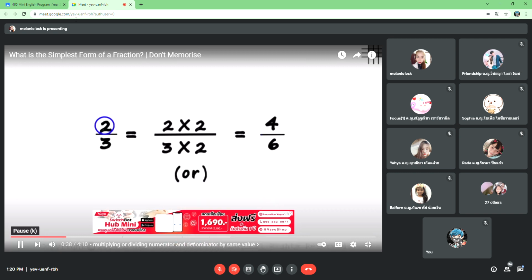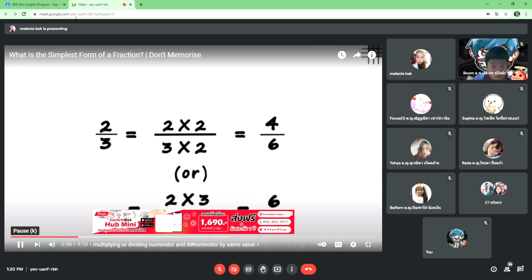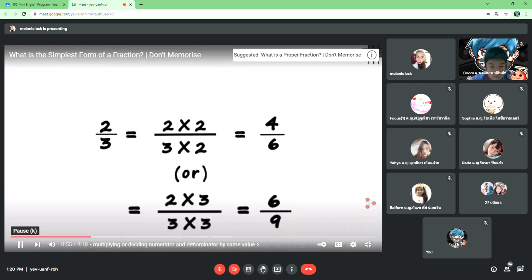Or we can also multiply the numerator and the denominator by 3 to get 6 by 9. All these three fractions will have the same value. If we multiply the numerator and the denominator by the same value, the fraction's value remains unchanged.